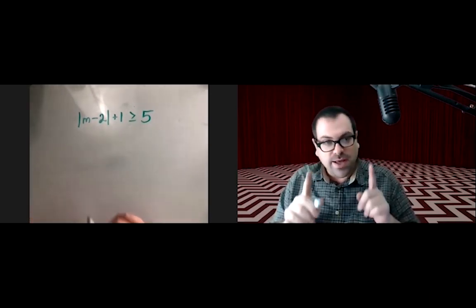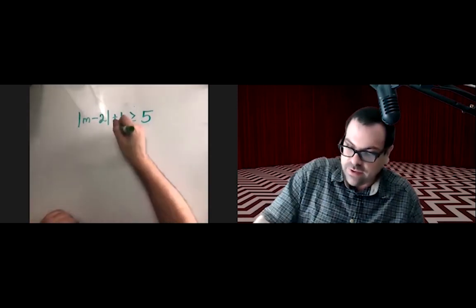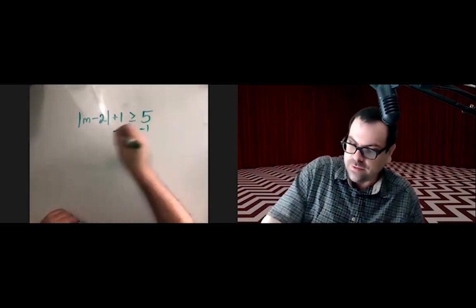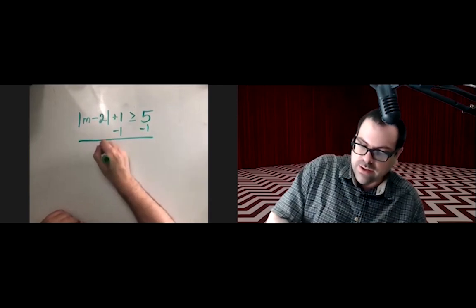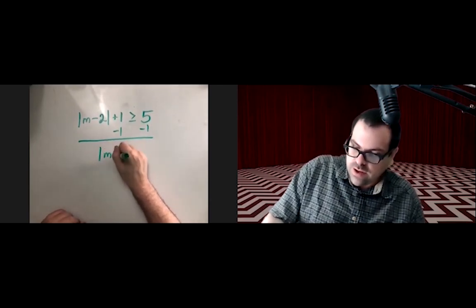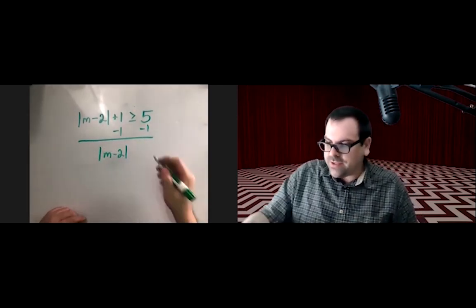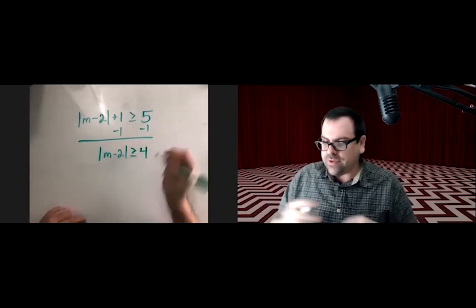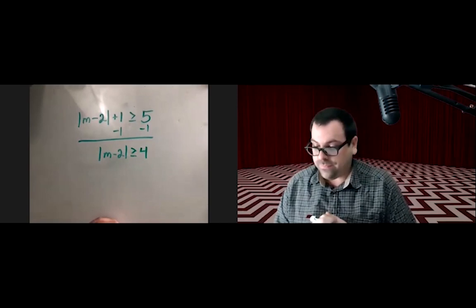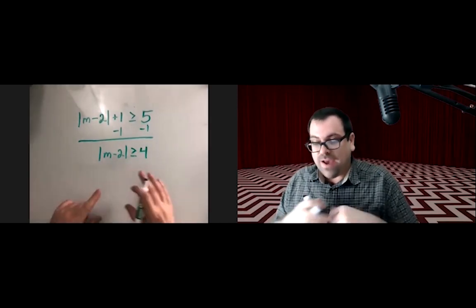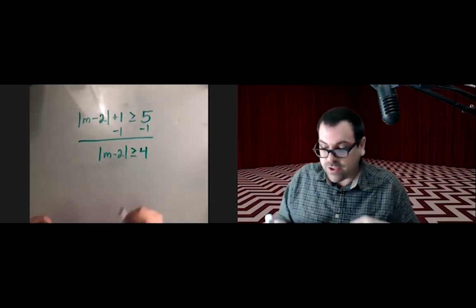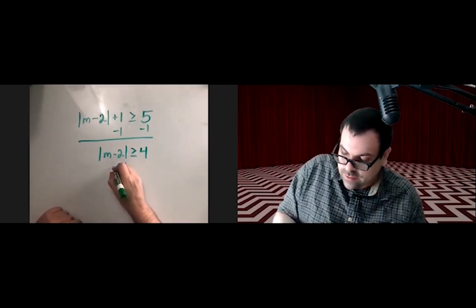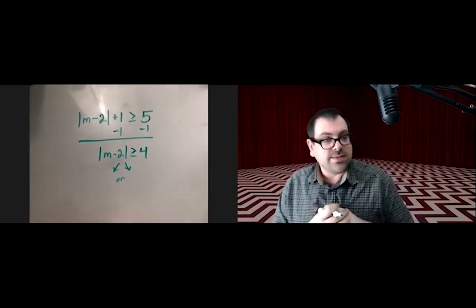Step 1, isolate the absolute value. Get it by itself. And then we make our decision what to do. Absolute value of m minus 2 is going to be greater than or equal to positive 4. Absolute value greater than. Split it into two things. And it's an or statement.